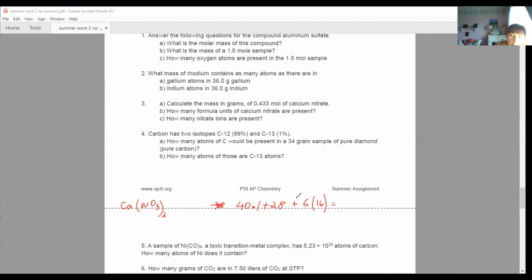You add them up: 40.1 plus 28 plus 6 times 16, and you have 164.1. Those are the grams per mole. But they are asking for 0.433 moles. So what is the grams now? This one times 0.433, and you have 71.1 grams.